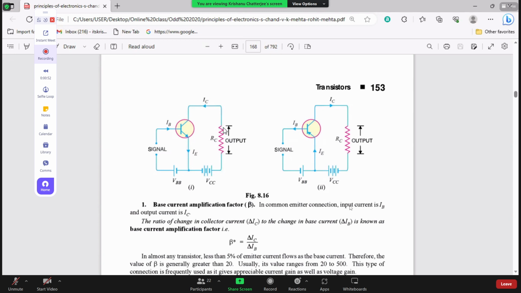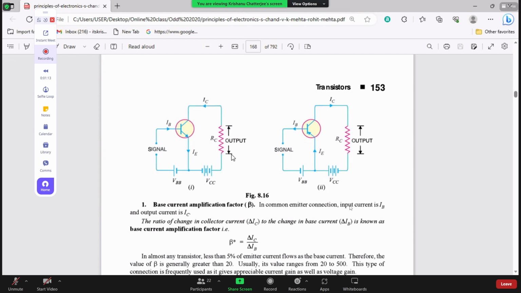Generally, a load is placed in the collector circuit, and across it we take the output. So this is the diagrammatical representation of NPN and PNP transistor in common emitter configuration.